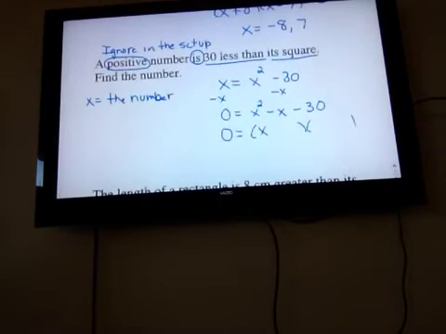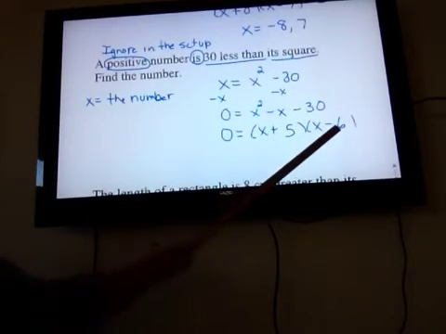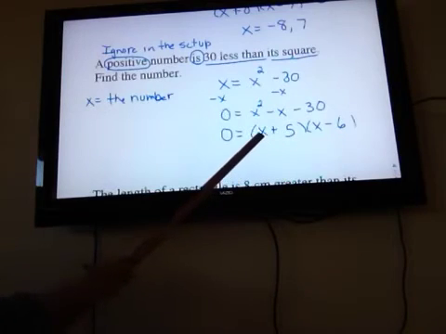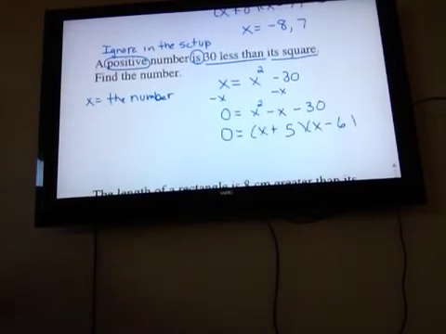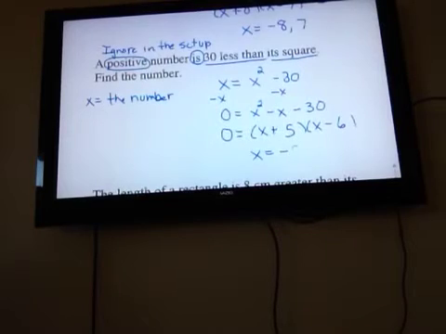So x times x. One of each sign. 6 times 5. Make sure you place the numbers correctly so that you get the negative 1. So that's negative 6 on the outside. Positive 5 gives me my negative 1. Which makes my possible solutions negative 5 or positive 6.